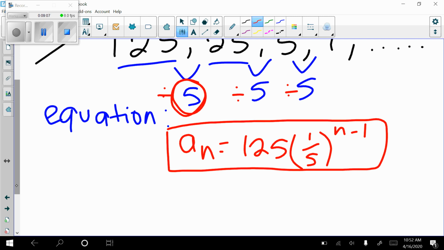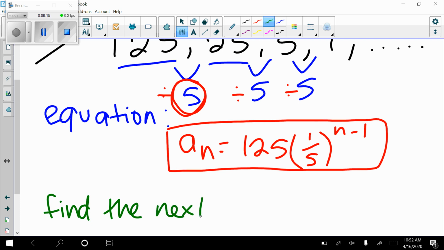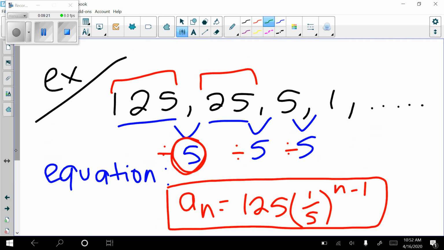For this one, instead of trying to find a specific number, I just want you to find the next two terms. So that means I want to try to find the next two numbers in the list. So if it goes 125, 25, 5, 1, I want to know what this number is and the next one.